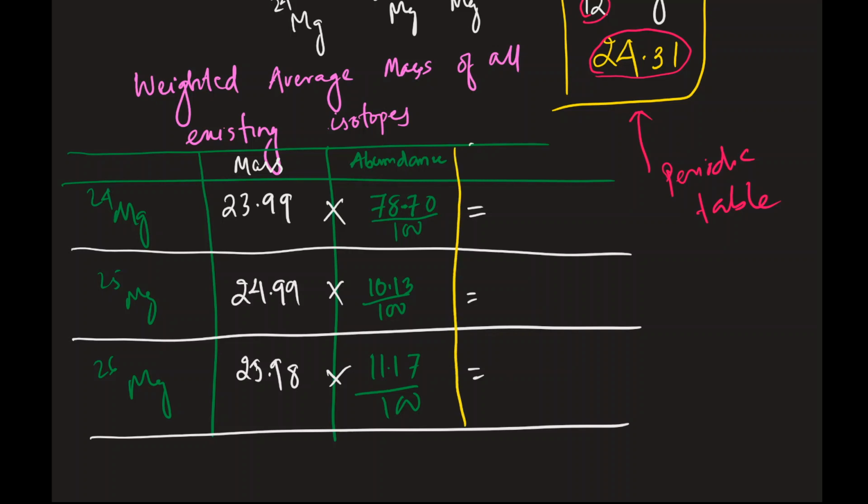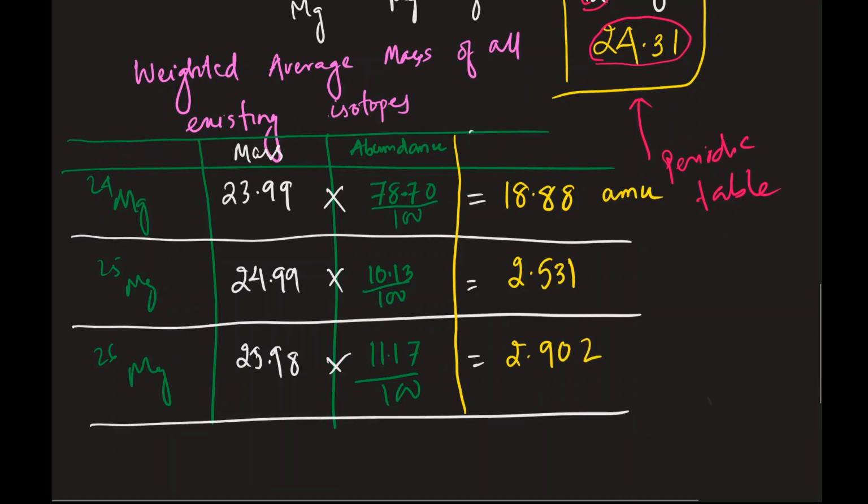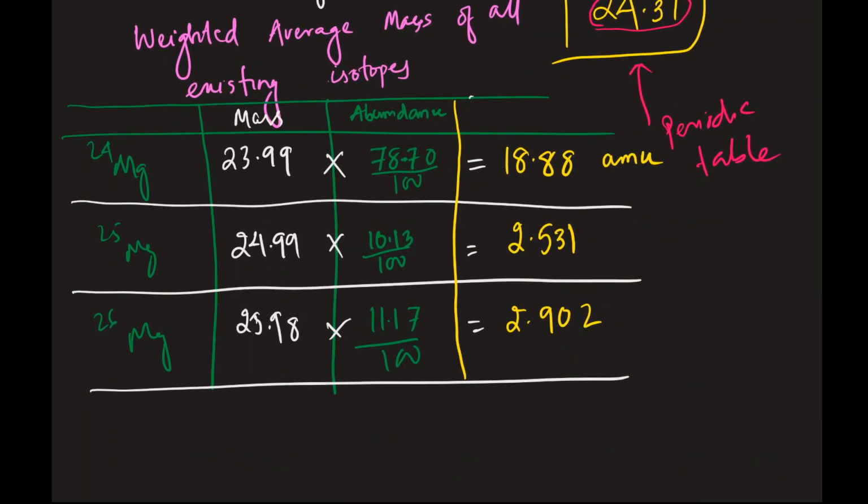When I multiply 23.99 by 78.70%, I will get 18.88 AMU. This is called atomic mass unit, if you remember. If I do this for all of them, I get 2.531 and 2.902, and then I'm going to add all of them.